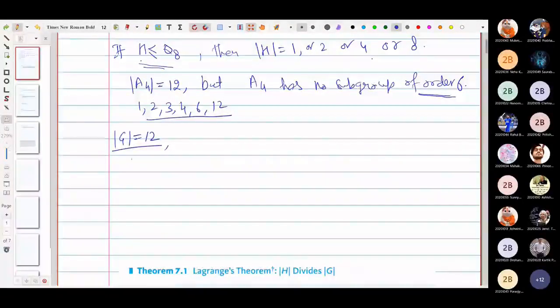Suppose someone asks which of the following is not correct, for a group G of order 12.